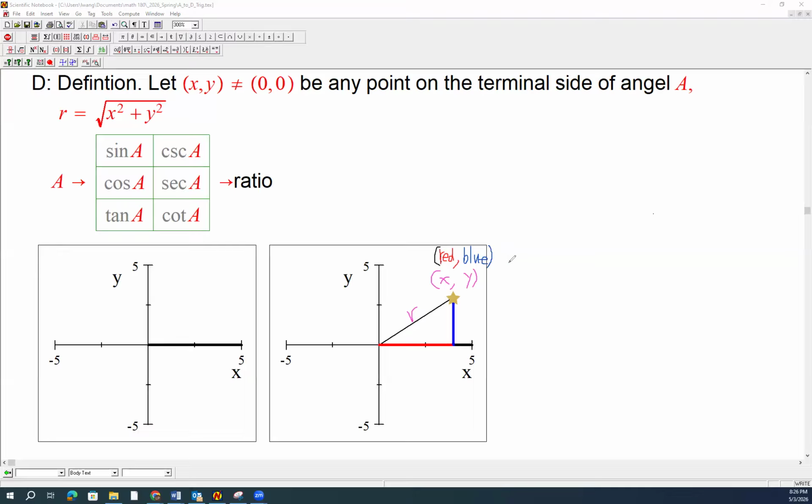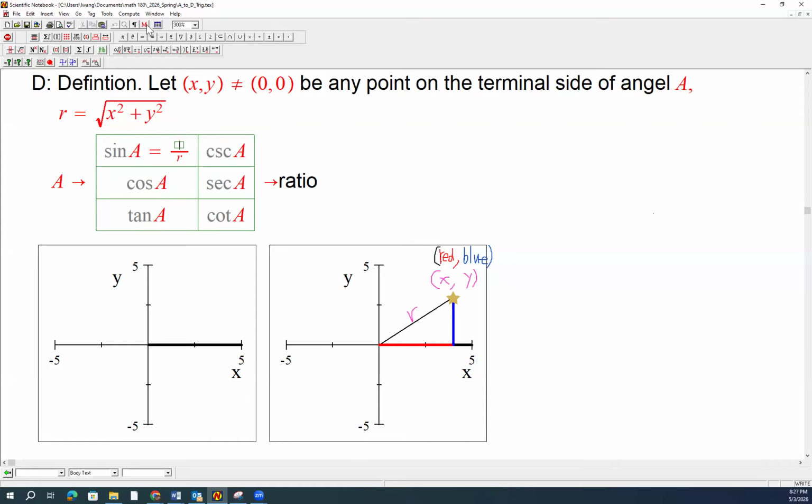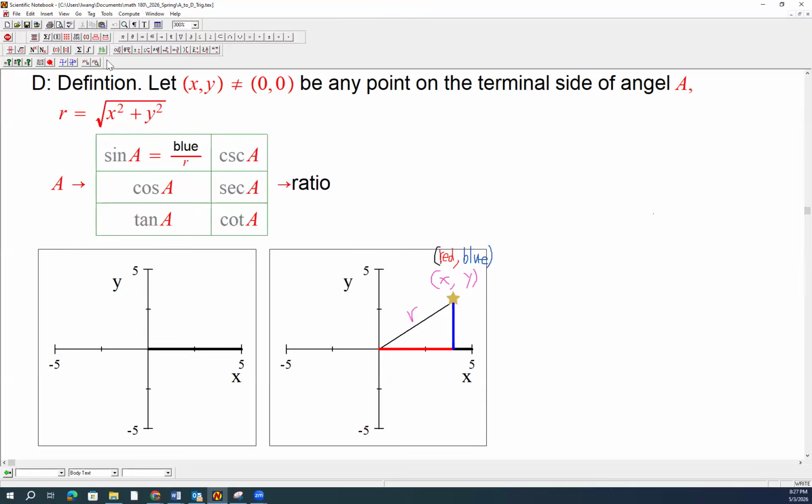You can see at the beginning, we have all these assumptions set up. When I say red, it means the x, which is a horizontal measurement. When I say blue, it is a vertical measurement. Now we're going to do our definition. Sine A is blue over R. I cannot make this blue word blue because of the restriction of the software.